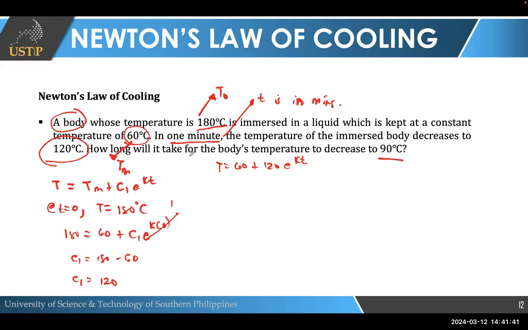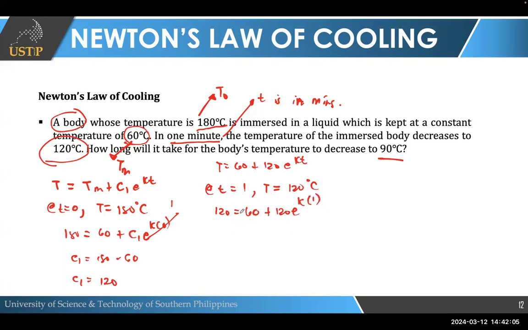And where can we get it? From our second sentence. It says that at t equal to 1 minute, meaning after 1 minute, the temperature of our body decreased to 120 degrees Celsius. Okay? So we have 120 is equal to 60 plus 120 e to the k times 1.